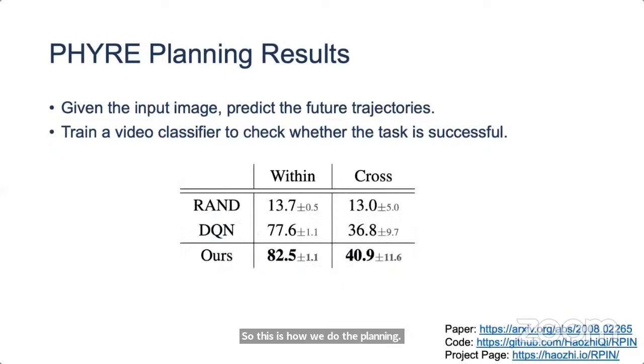We see that our method improves over the DQN baseline by a large margin. There are a few concurrent works we have not put in here, but we are still state of the art on this FIRE dataset for planning where to put the red object so that you can lead to the ideal results.